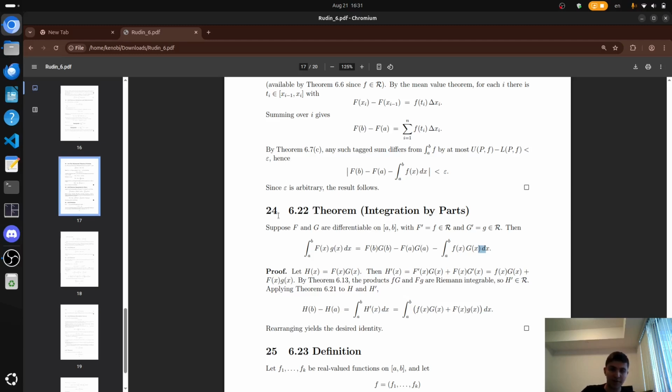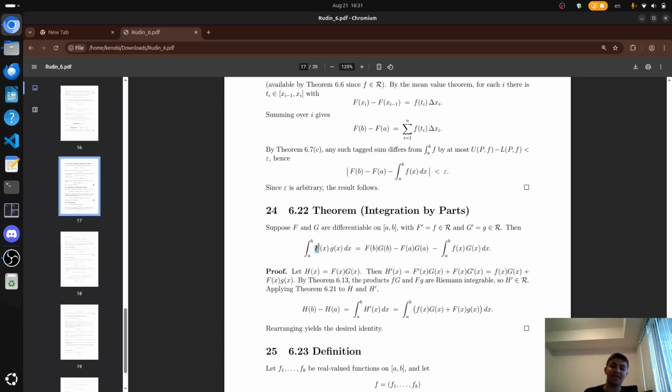And the technique here, take this on the other side, right? So F(x) g(x) plus f(x) G(x). This is actually what? This is the derivative of F(x) times G(x). So we know the integral is actually the antiderivative.